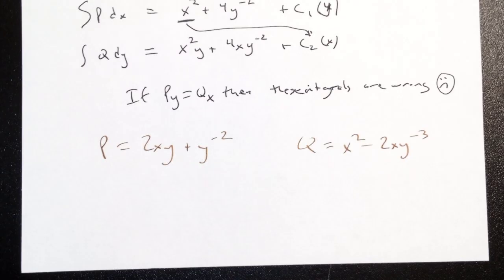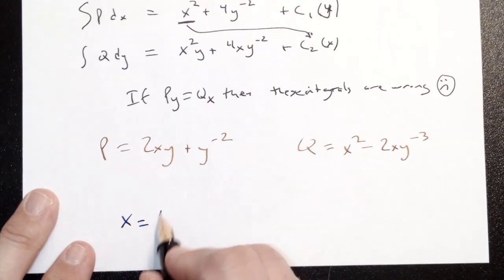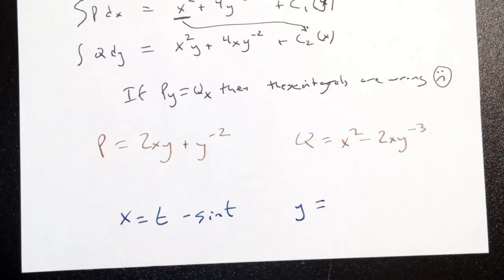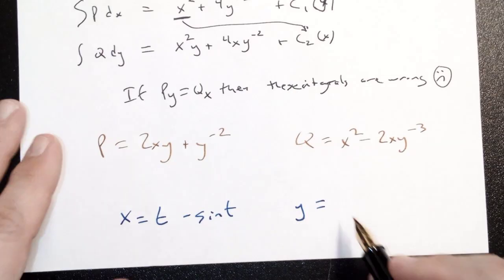For 16.4.19, is that a negative variable? 16.4.19. Yeah. We're doing one arch of the cycloid, x equals t minus sine t, y equals 1 minus cosine t.